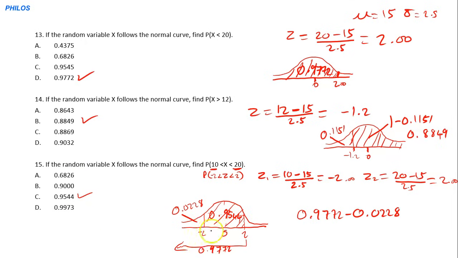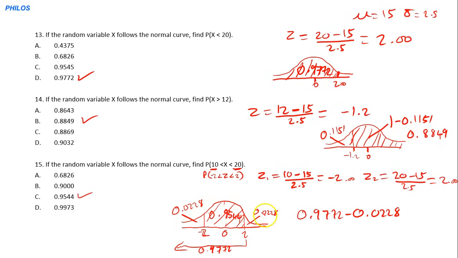Another way of checking it is, when you check this negative 2, and it gives you 0.0228. Since the positive z-score is the same as the negative z-score, 2, 2, just that this side is negative, this side is positive, then this area too will be 0.0228.